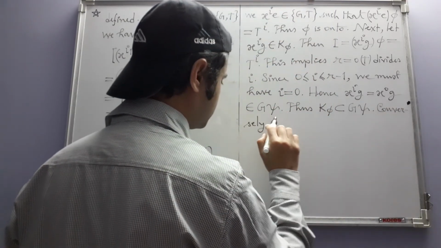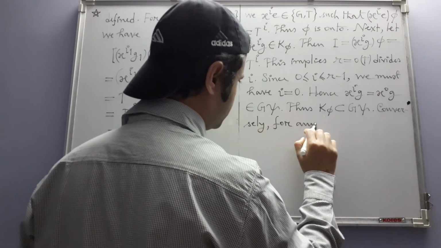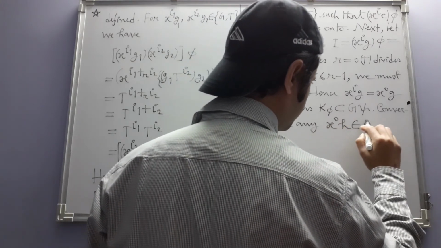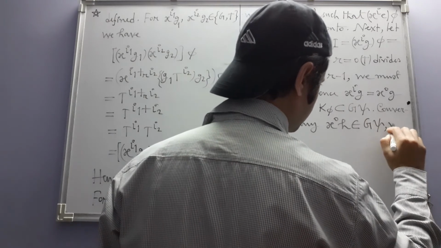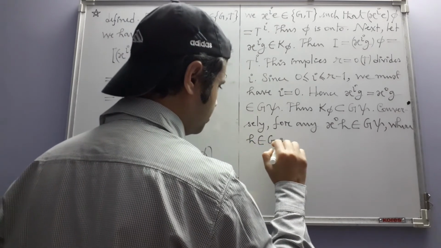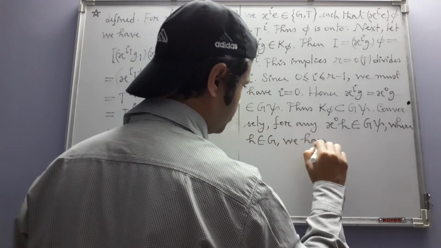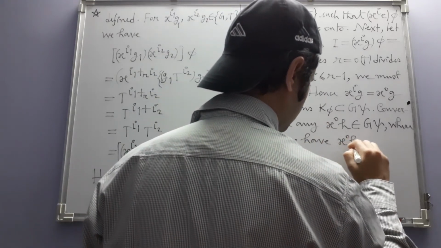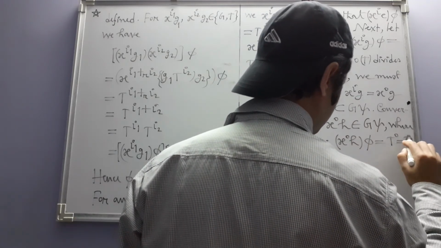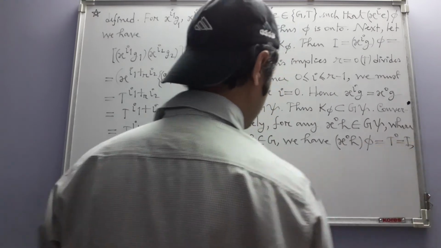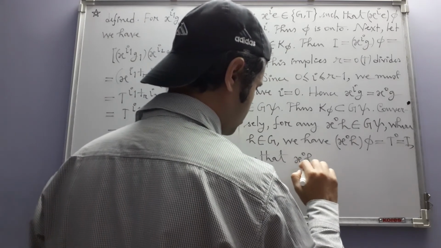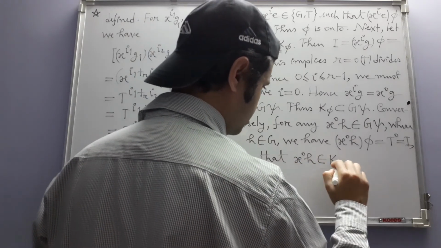Conversely, for any element belonging to G psi, where h belongs to G, we have this is equal to t to the power 0 equal to I, so that this belongs to the kernel of phi.